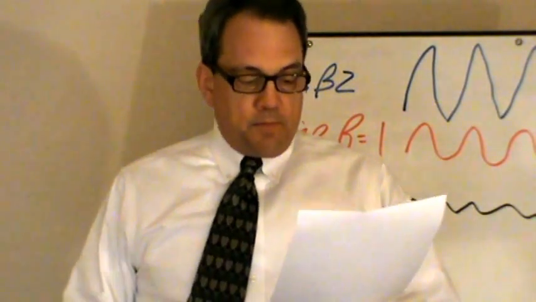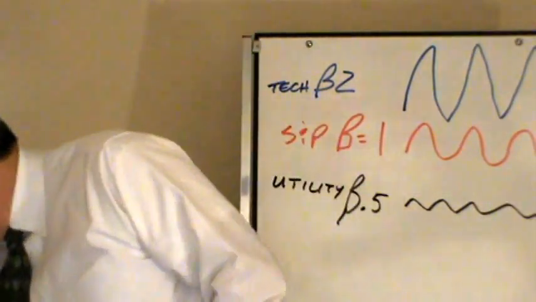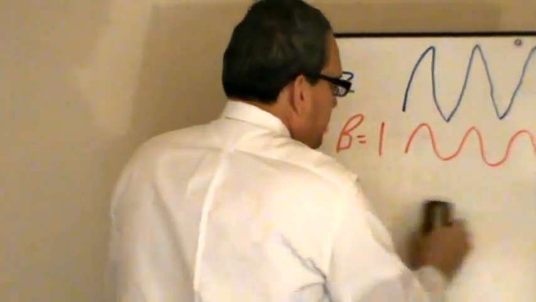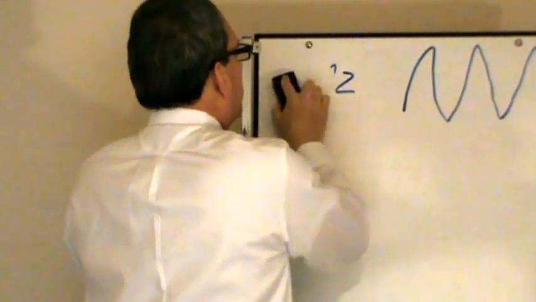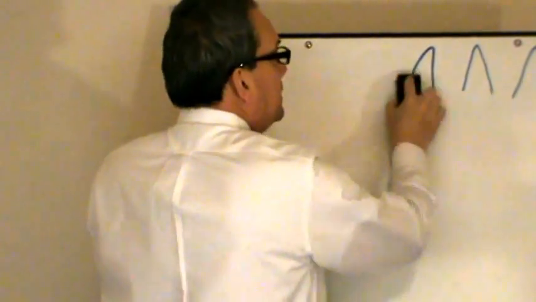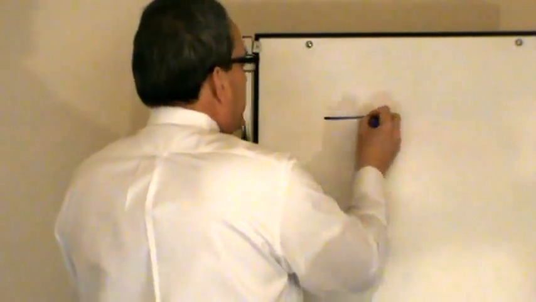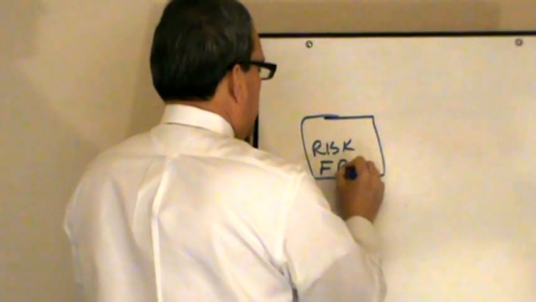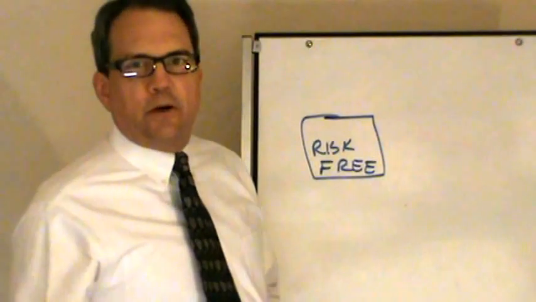All right, the risk premium is the expected return that you're going to pick up from taking a higher risk. There are several ways of measuring risk. One of the ways of measuring risk-free is by looking at the 90-day T-bill. So basically what we have here is a risk-free return. This is what the 90-day T-bills are yielding. But I have an expected return.